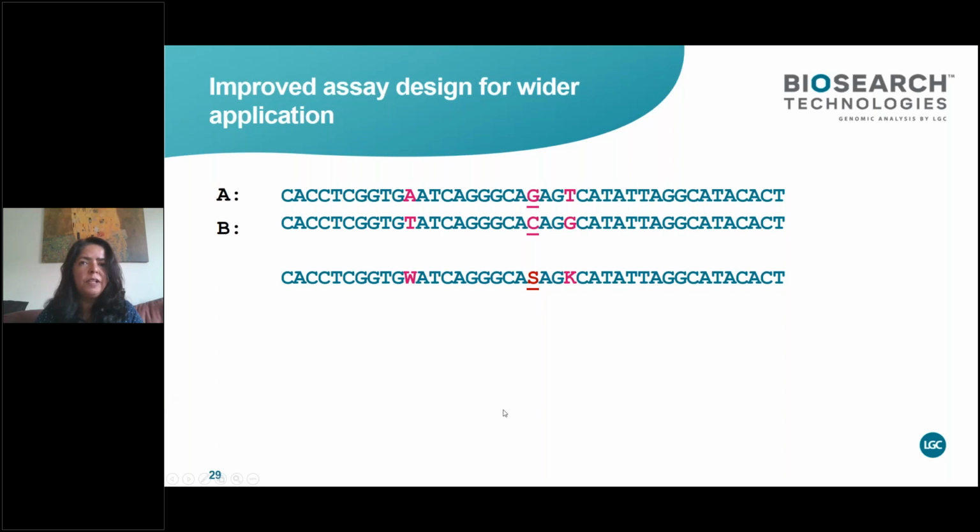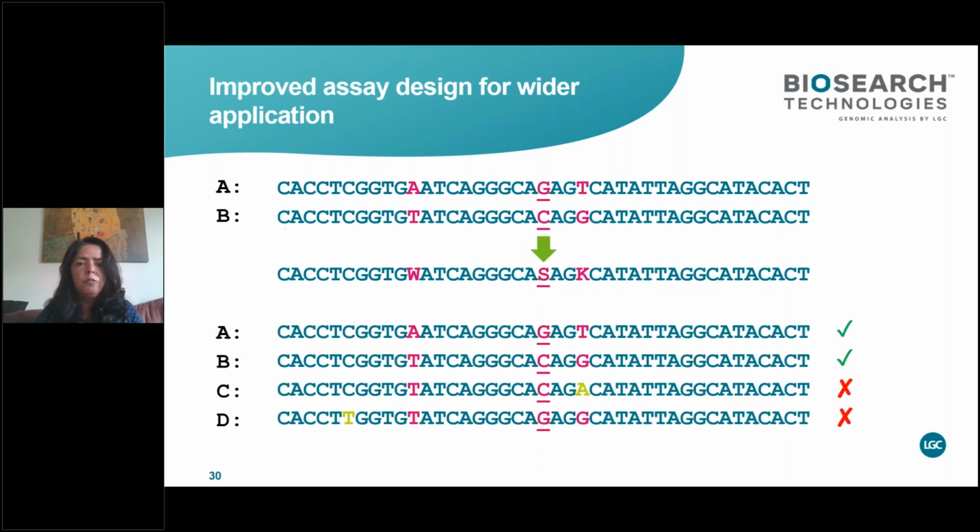But if we then applied these markers to another variety, we can see that the KASP marker that has been developed would of course work with varieties A and B, but would not work so well with varieties C and D in this example.